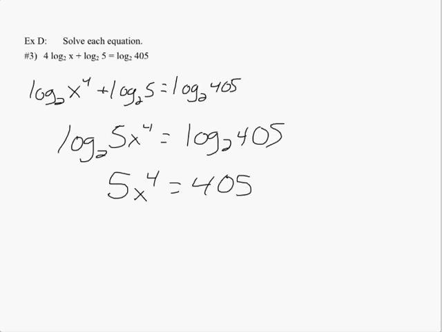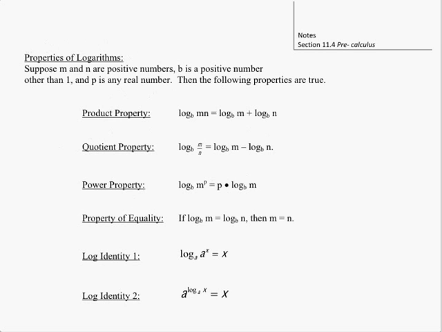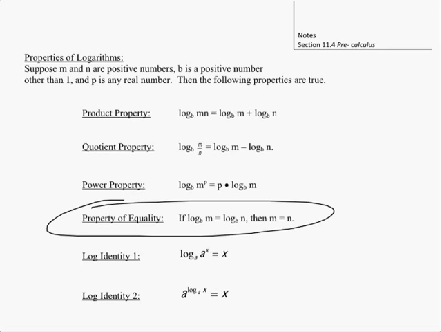It's a property of equality, which says that if you have a log on each side of the equation and they have the same base, no coefficients, you can set the arguments equal to each other.